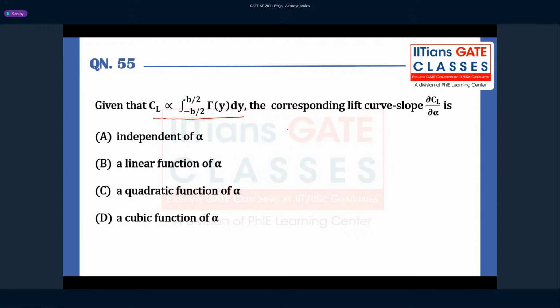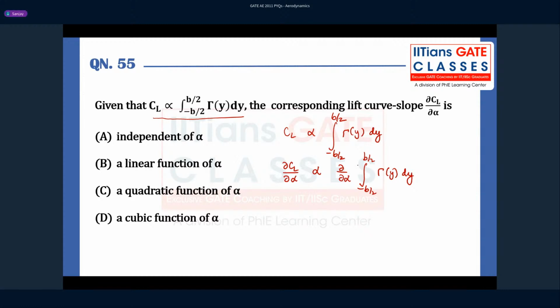So you know CL is proportional to integral gamma of y dy from minus b by 2 to b by 2. Okay. Let's now take the derivative with respect to alpha. So dou CL by dou alpha is directly proportional to dou by dou alpha of the integral from minus b by 2 to b by 2 of gamma of y dy.